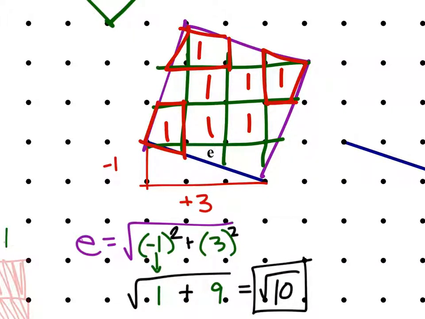Alright, then I've got another one, which I'm going to do in a different color. If I look at these, and if I were to combine them with these, that would give me another 1. And then if I were to combine these with these, I would have another 1.